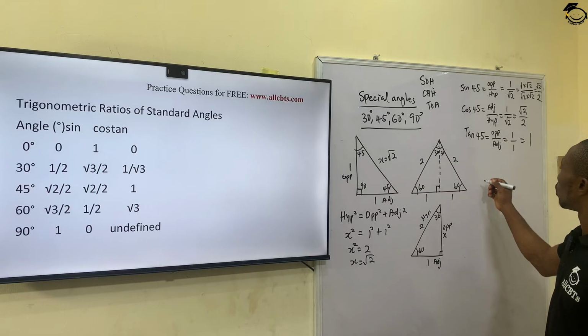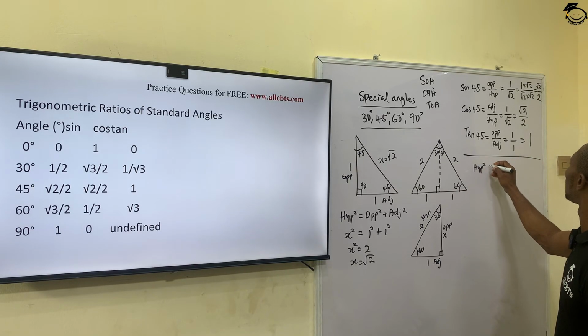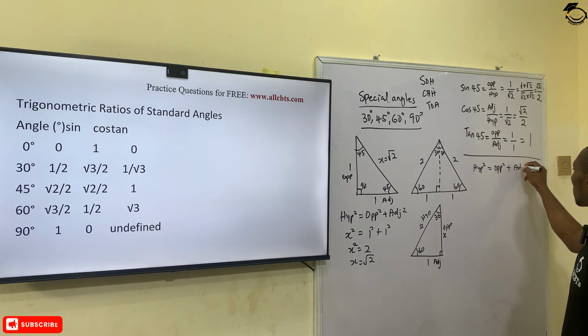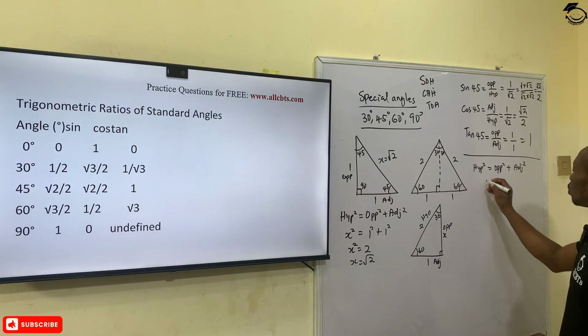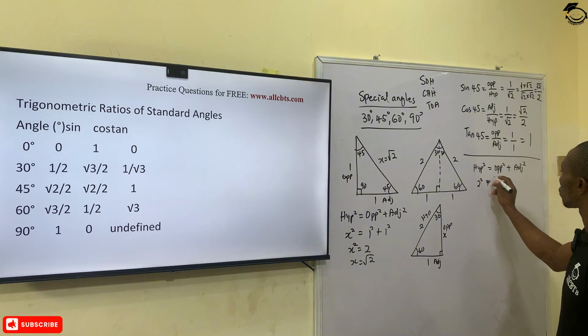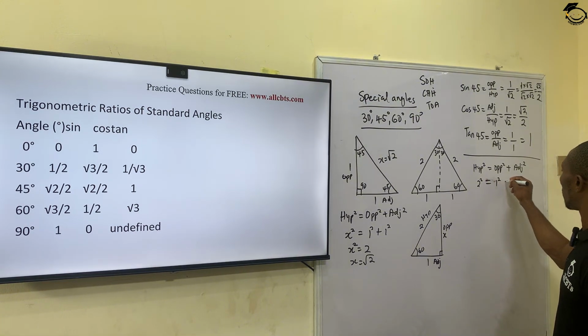We know our Pythagorean rule: hypotenuse squared equals opposite squared plus adjacent squared. So our hypotenuse here is 2, so 2 squared equals 1 squared plus x squared.